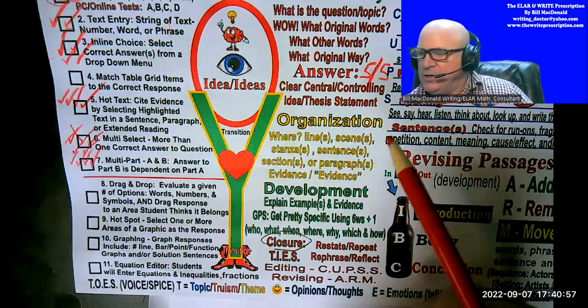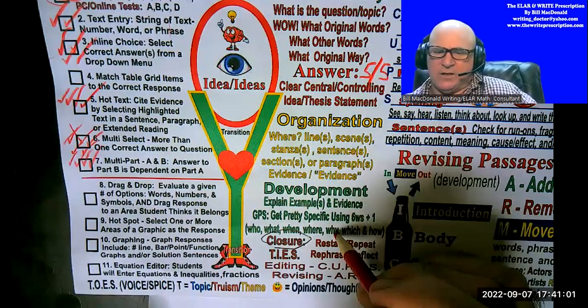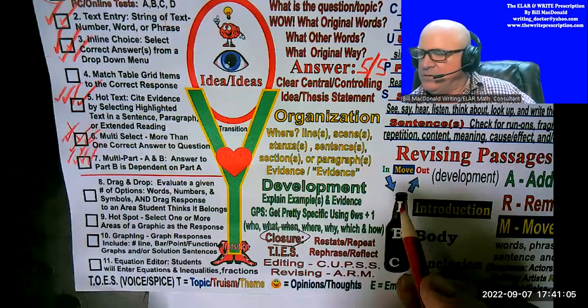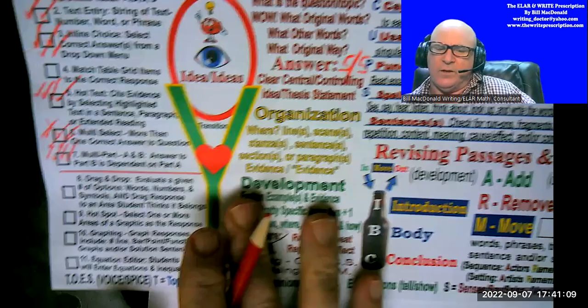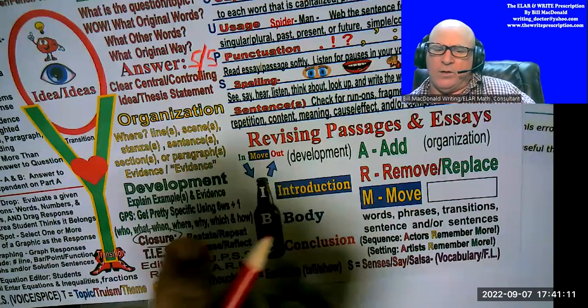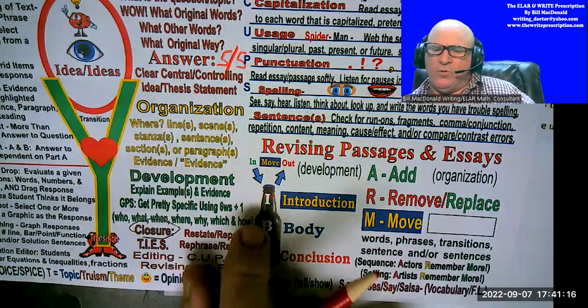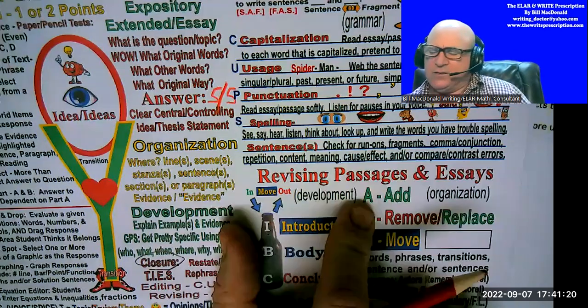I take my paper to the emergency room of editing and revising, where I fix the conventions with CUPS with 2 S's. Why does it have 2 S's? Because we look for sentence boundaries. And ARM with no S, where I add, remove, replace, or move content around until it makes sense.